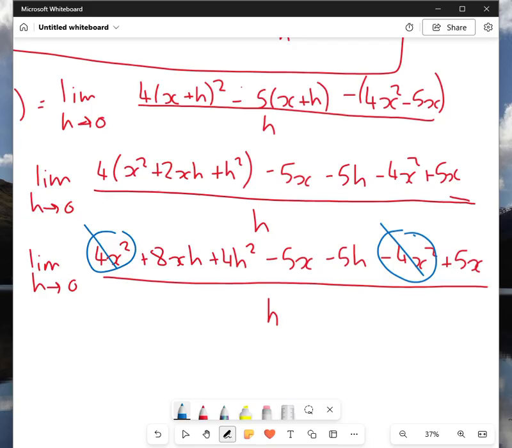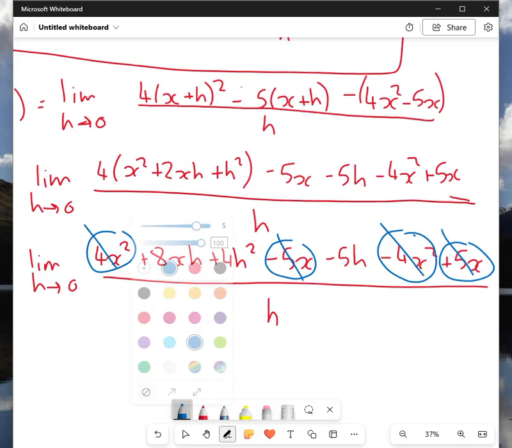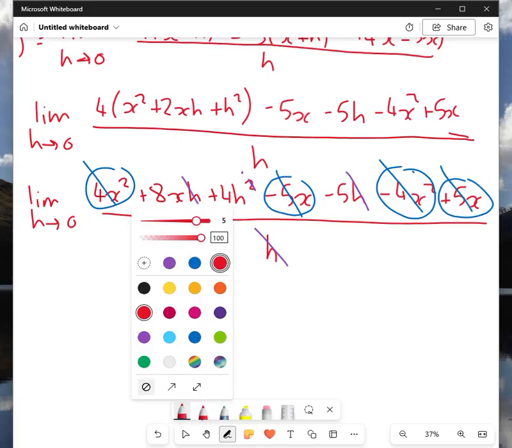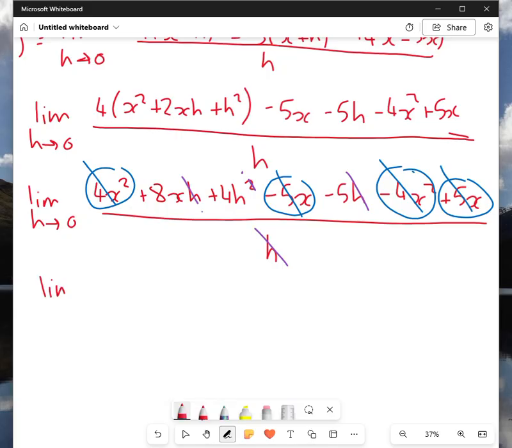We have a minus 5x and a plus 5x, so they cancel. We also have h's, so we can cancel an h there, there and there because we're dividing everything through by h. So now we are left with, as h tends to 0, 8x plus 4h minus 5.